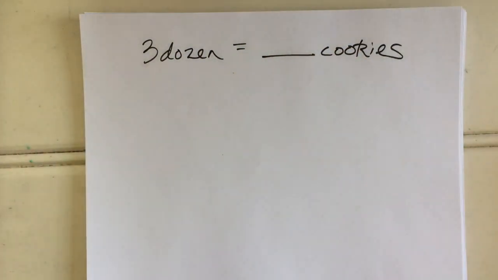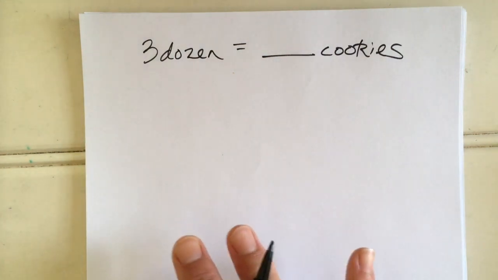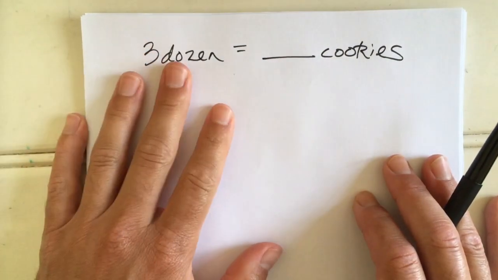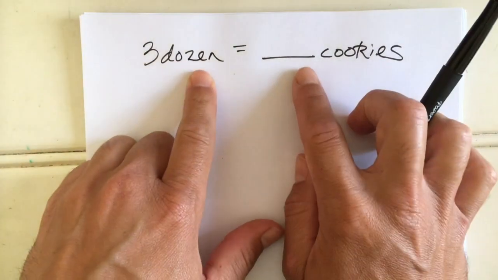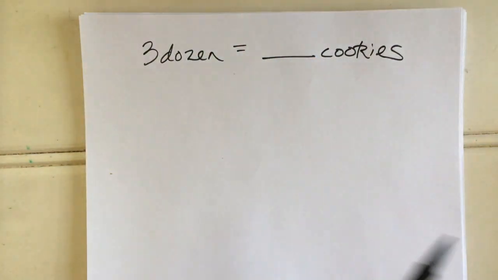All right, 3 dozen is equal to how many cookies? And you'd be like, well, a dozen is 12. Assuming a dozen is 12, and not a baker's dozen, which is 13 or something, I can't remember. But let's just assume a dozen is 12, normally. A dozen is 12, and we want to know how many cookies that is. So 3 times 12 is 36. And you might say, oh, 36, and be done.